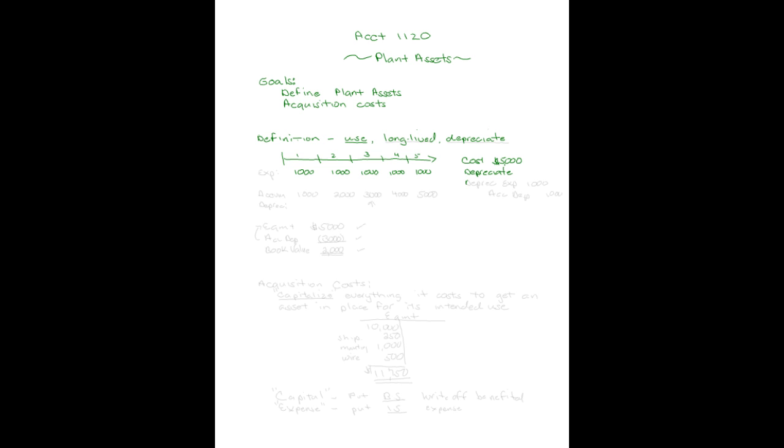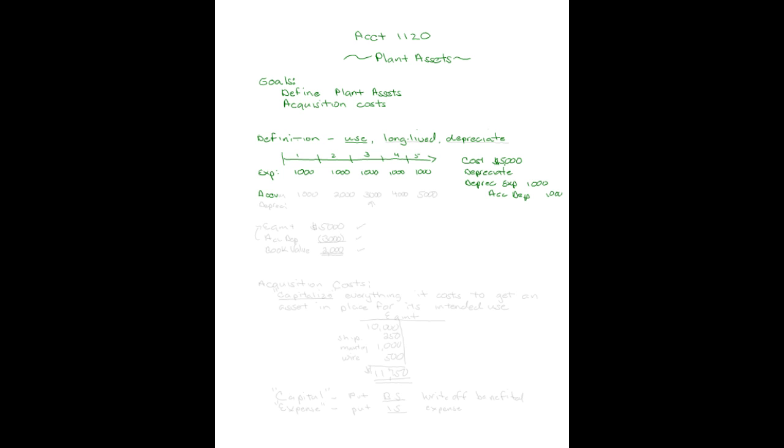And the entry would look like this. If you recall from previous accounting classes, depreciation expense and accumulated depreciation, in our case, would be $1,000. So depreciation expense would be $1,000 each year, matching the cost against the revenue it generated.